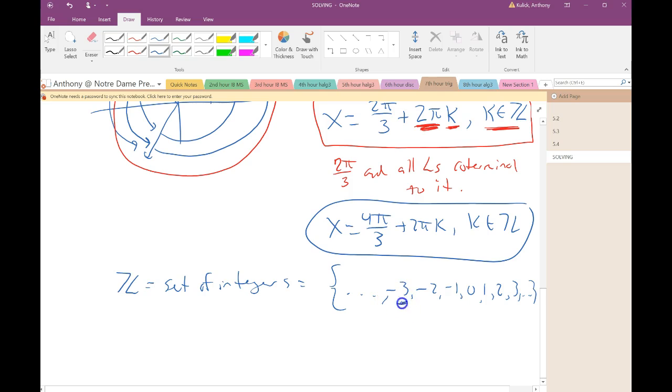So because 3 appears in that, we say 3 is a member of the integers, or negative 3 is a member of the integers. Or we can say 2 is a member of the integers, but we would say 1/2 is not a member of the integers. So it just means that k is a member of that set.